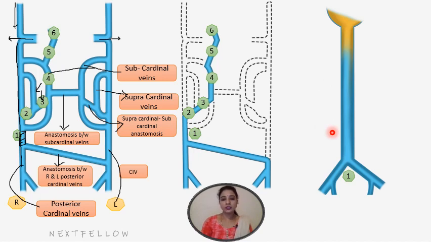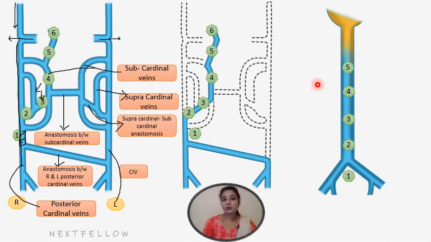So the first is from the right posterior cardinal veins. The second is from the supracardinal vein. The third source is from the supracardinal and subcardinal anastomosis. The fourth is the right subcardinal vein renal segment.